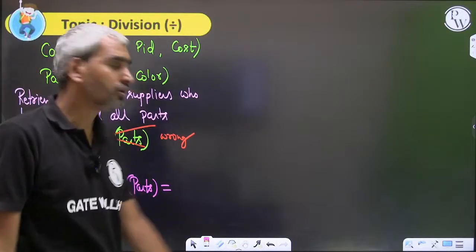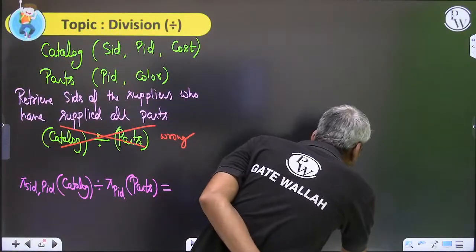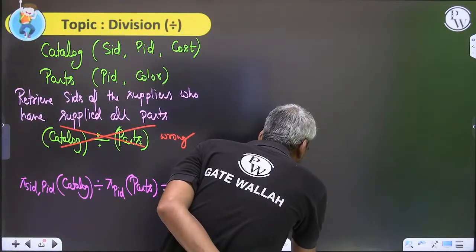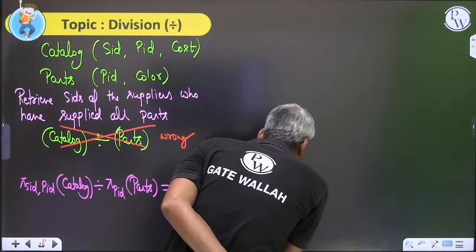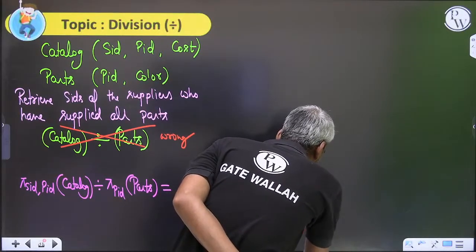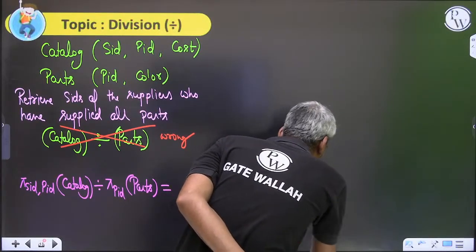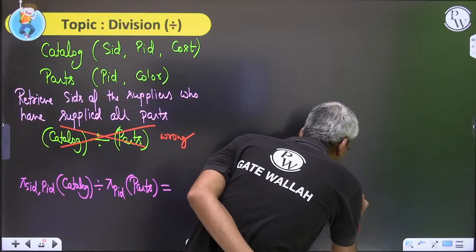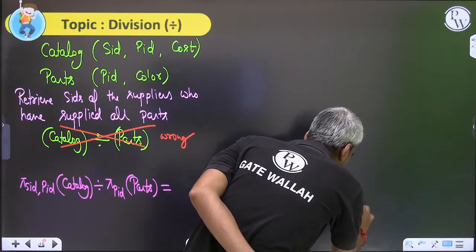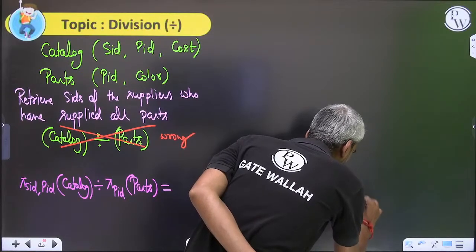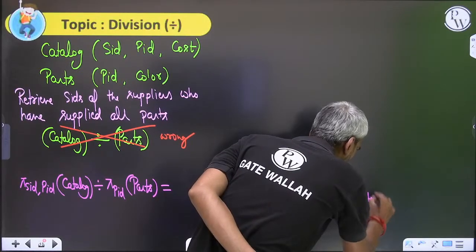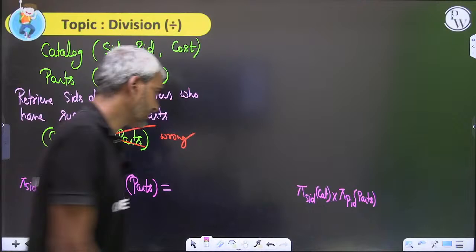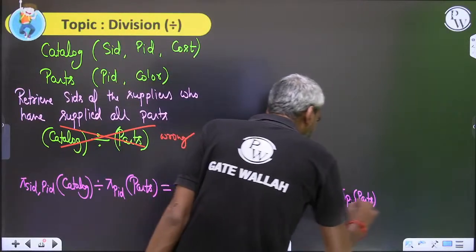This is what you are writing, and this division operation is derived, as I explained, like this. First of all, you will perform the cross product of these two. Just a repetition of concept, but that's fine. I'm not going to write the complete thing.